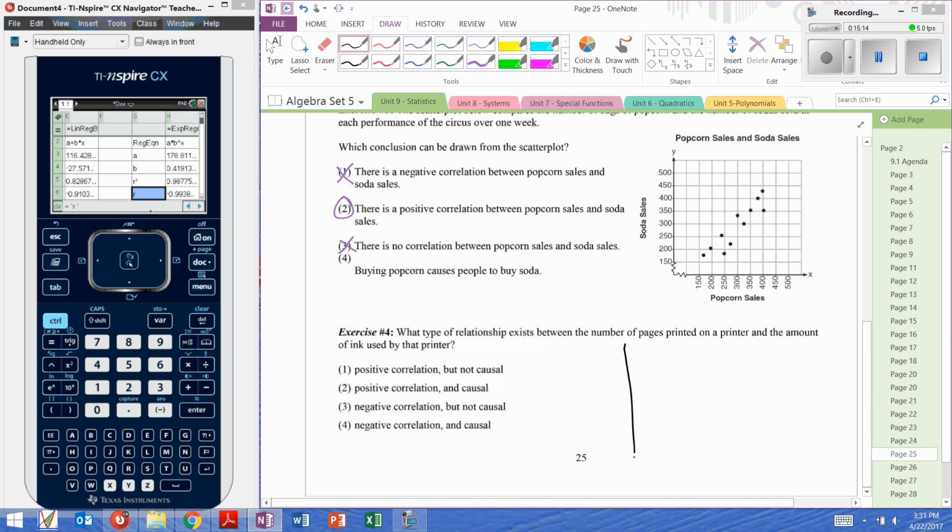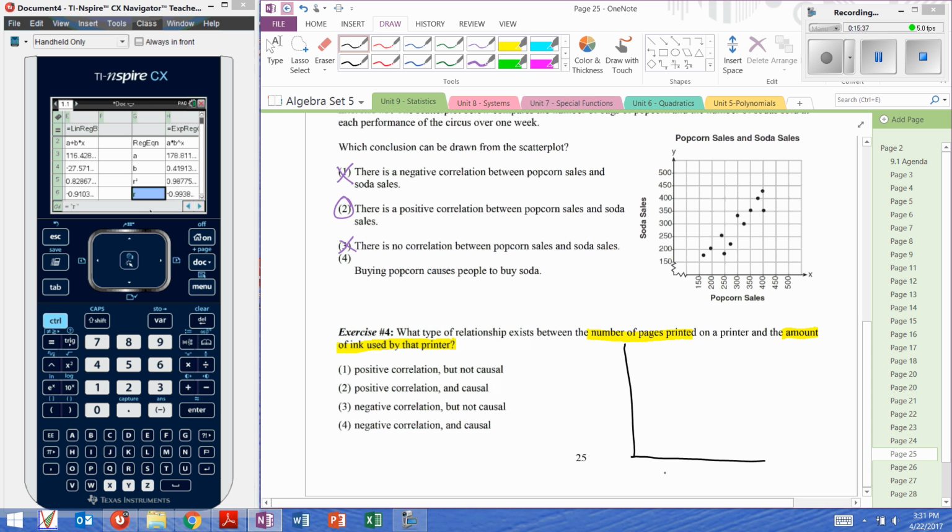So I'm going to create a little chart here. And we are dealing with the number of pages printed and the amount of ink used. So the more pages we print, the more ink that's used. That's kind of what they're going with here.